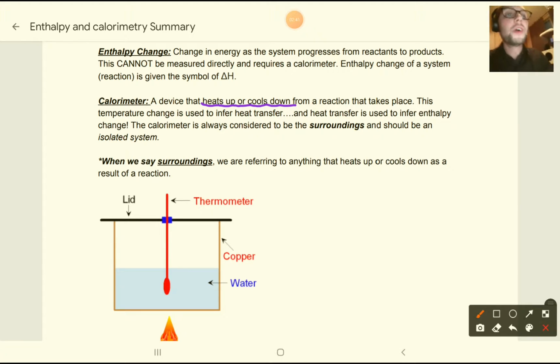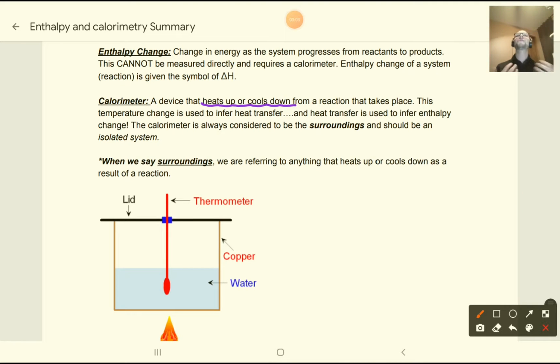If it heats up, we know it's an exothermic reaction. If it cools down, it's because it's dealing with an endothermic reaction. And this temperature change is used to infer heat transfer.